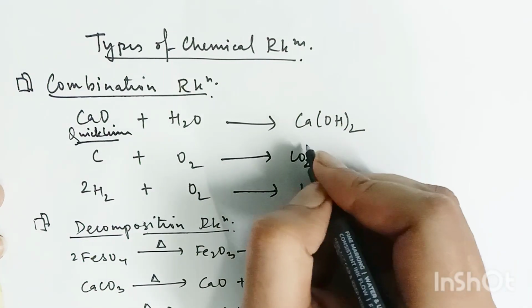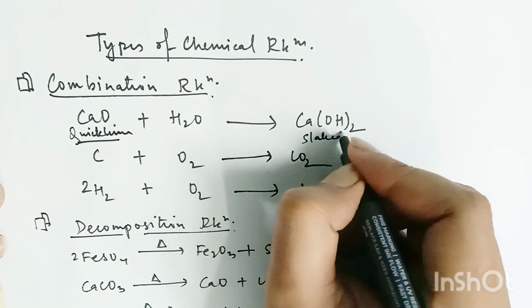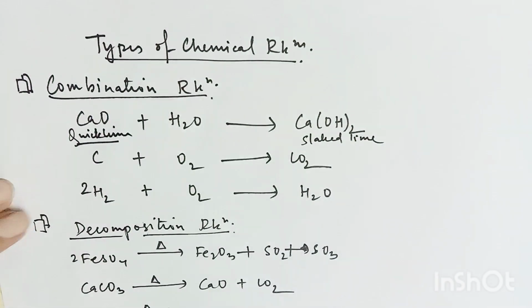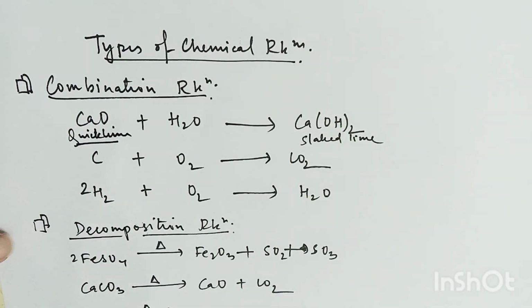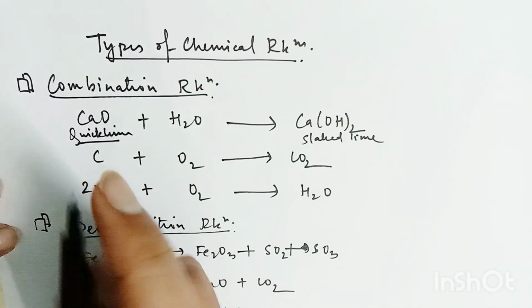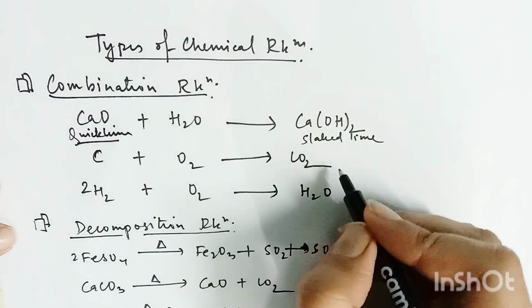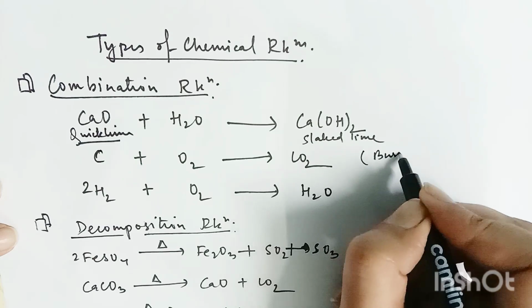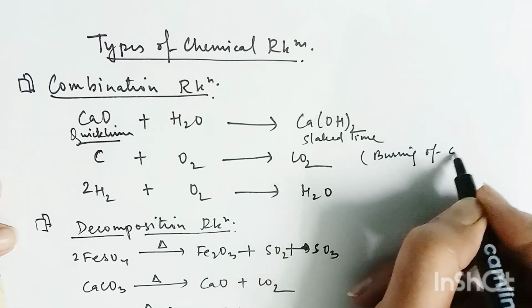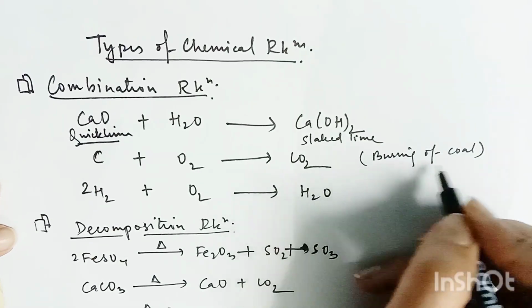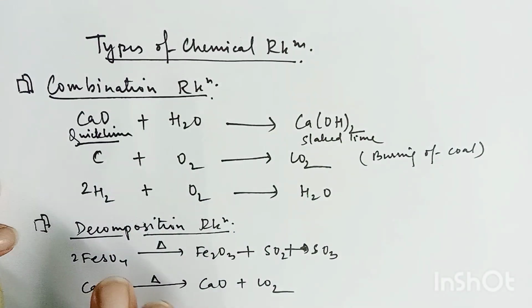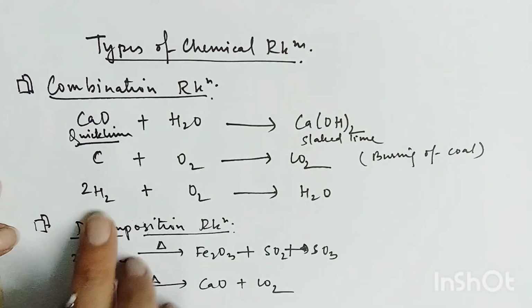Then this product is formed, which is called slaked lime. Okay, this is carbon plus oxygen. This reaction is often called burning of coal, when coal burns this reaction happens, and this you know.